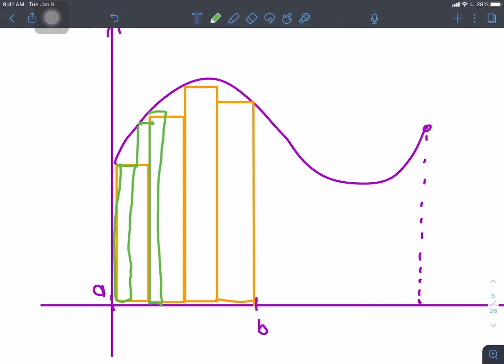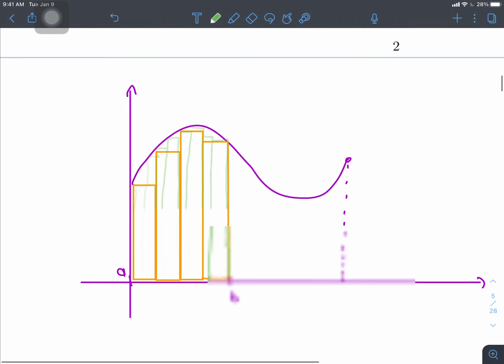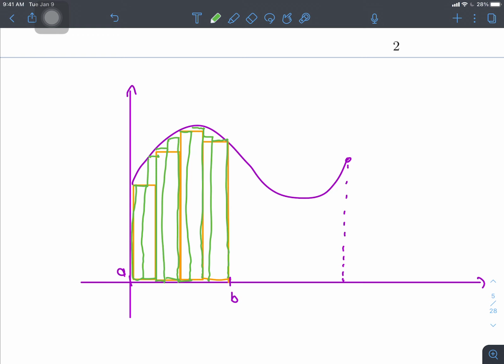The idea is if I use even skinnier rectangles, then the area is going to be even closer to the true area underneath the curve. That shouldn't look like that, that should look like that, of course. So if I took these green rectangles, then the area would be even better, with even less error. And this is the whole idea behind Riemann sums, to estimate the area under a curve.